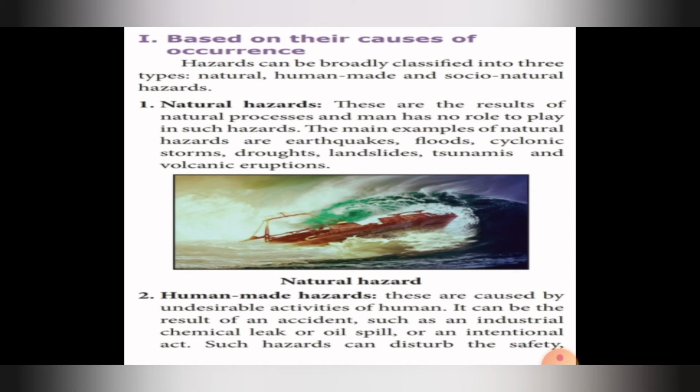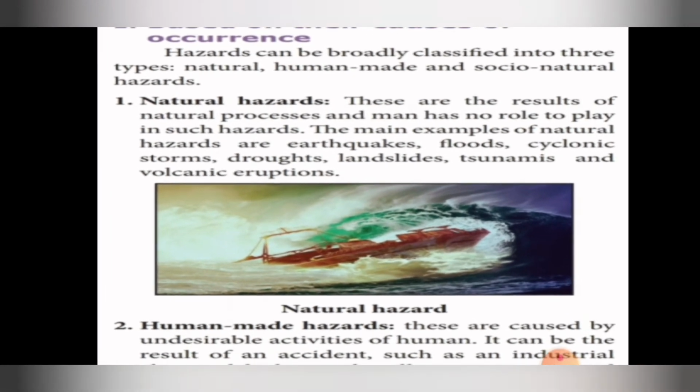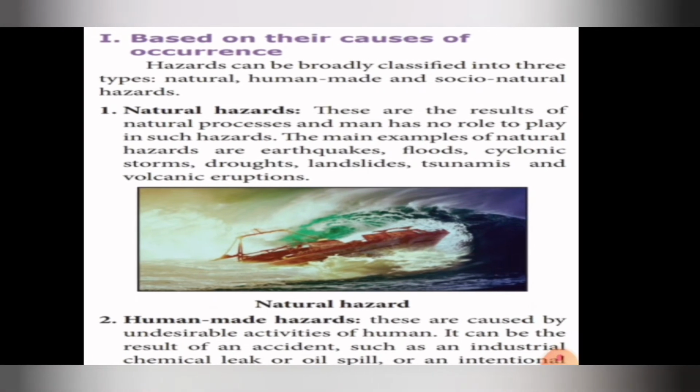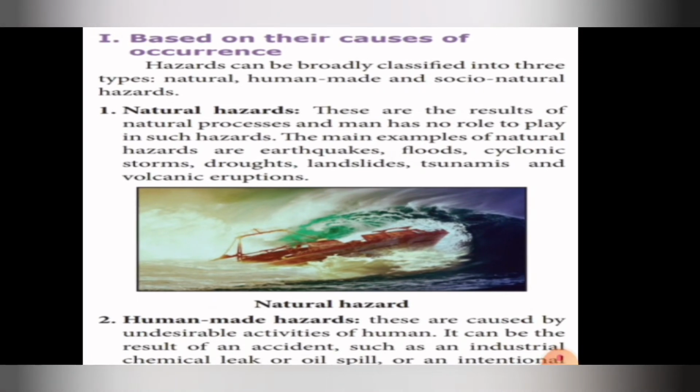Based on their causes of occurrence. Hazards can be broadly classified into three types: natural, human made, and socio-natural hazards. First one is natural hazards. These are the results of natural processes and man has no role to play in such hazards. So natural hazards come completely from nature.